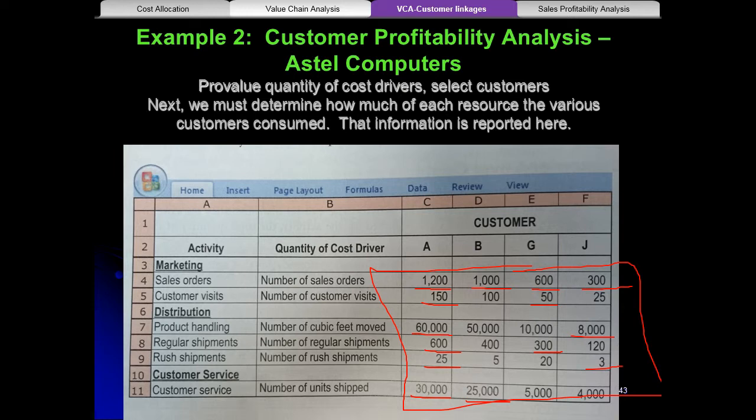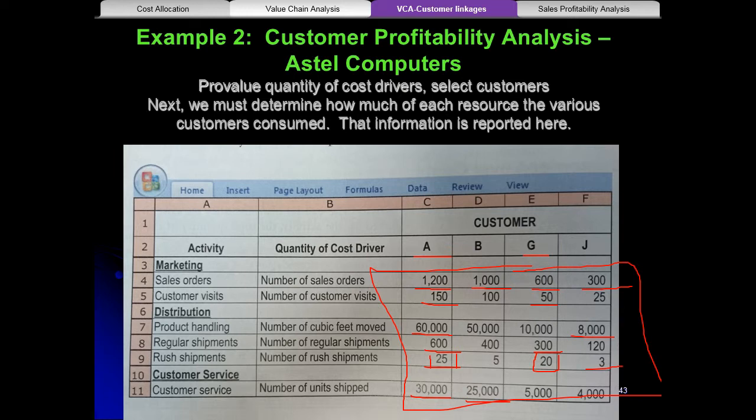A seems to be costing us a lot, but also A is ordering a lot. G is ordering about half, much less, 5,000 versus 30,000 of A, but over 20 rush shipments, nearly as much as A. So in some ways, G seems to be much less profitable than A as a customer.